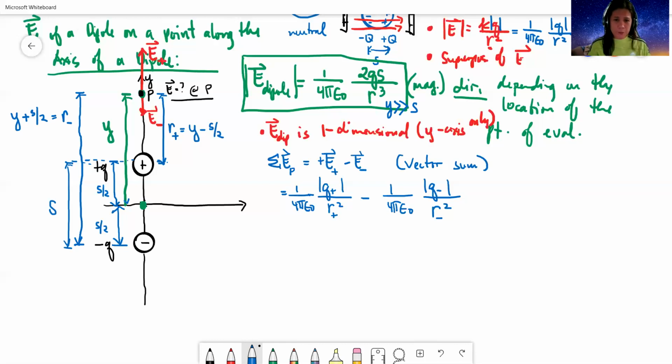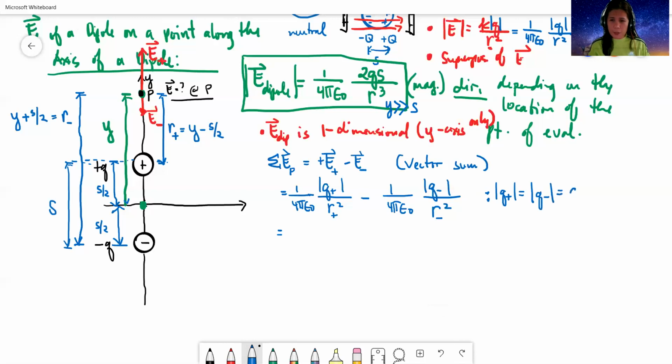Let's continue. So let's apply everything we learned about algebra here. We can factor out Q because we say that the magnitude of Q positive equals the magnitude of Q negative.